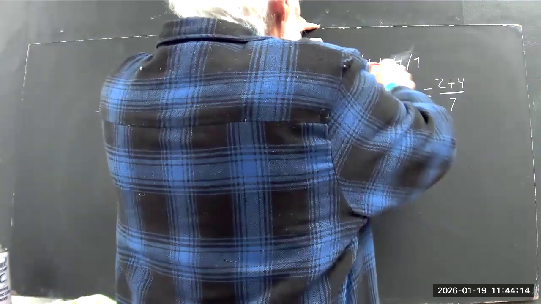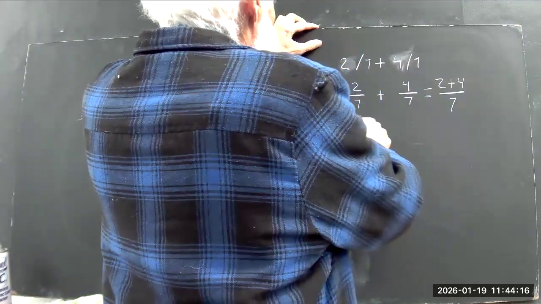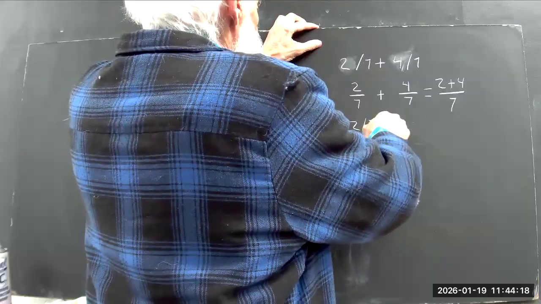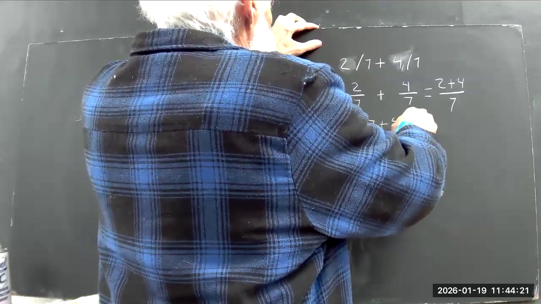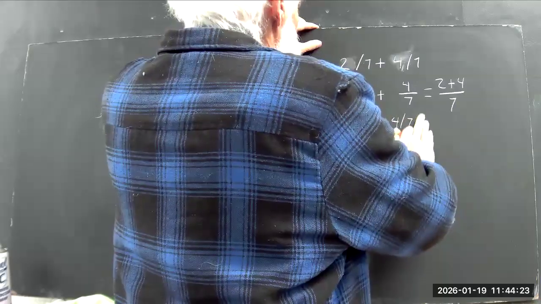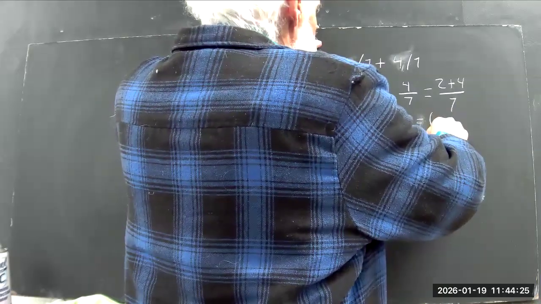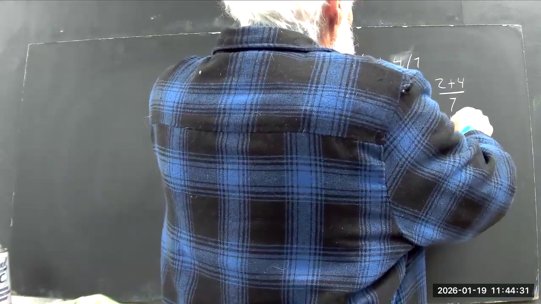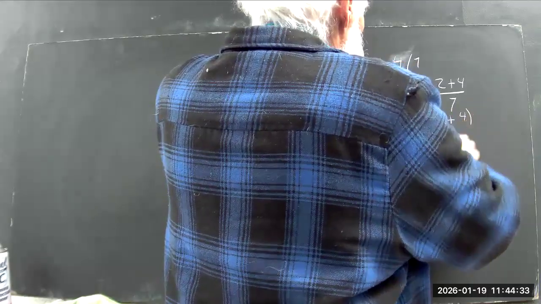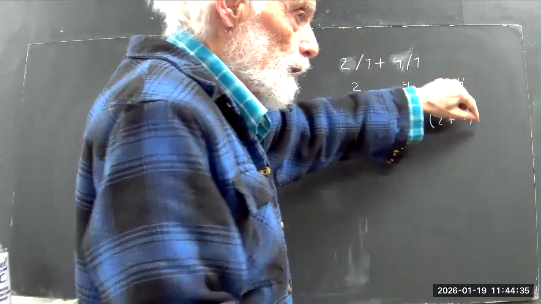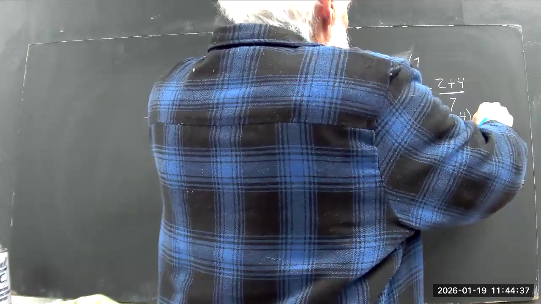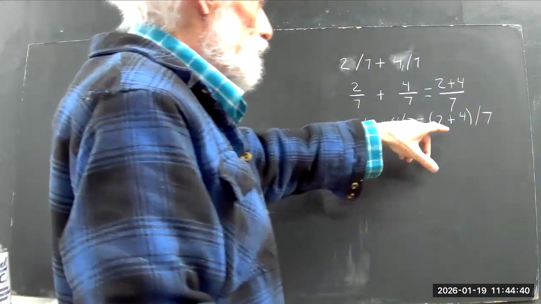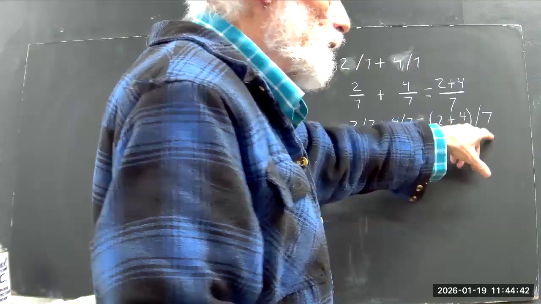If you write it out in this linear form, that would be 2 slash 7 plus 4 slash 7 equals a left parenthesis, 2 plus 4, right parenthesis. So the 2 plus 4 is added before you divide by 7, and the right side would be (2 plus 4) slash 7.